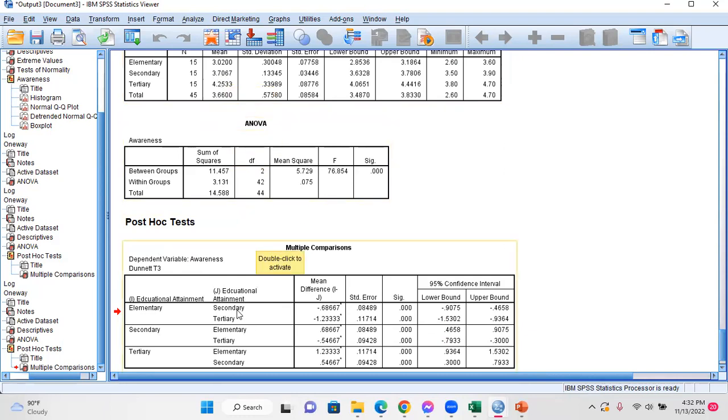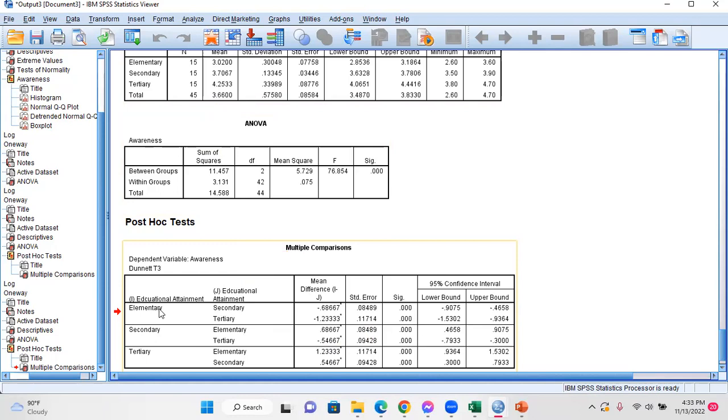Ibig sabihin, si secondary may mas mataas siya ng negative 0.68667 na mean difference kumpara kay elementary. Etong si tertiary naman, mas mataas si tertiary ng negative 1.233 kumpara kay elementary.